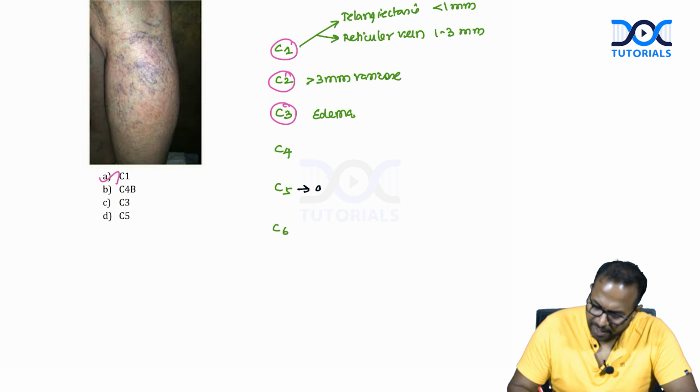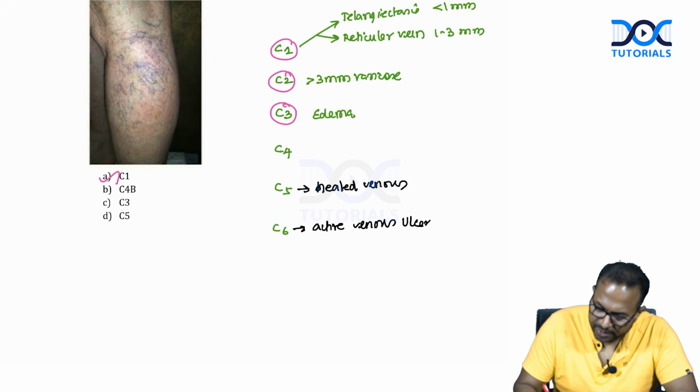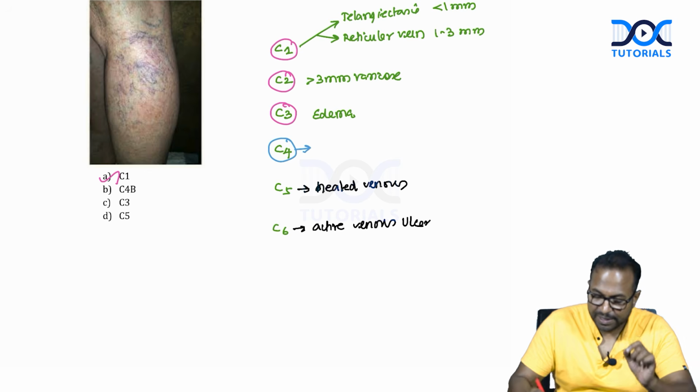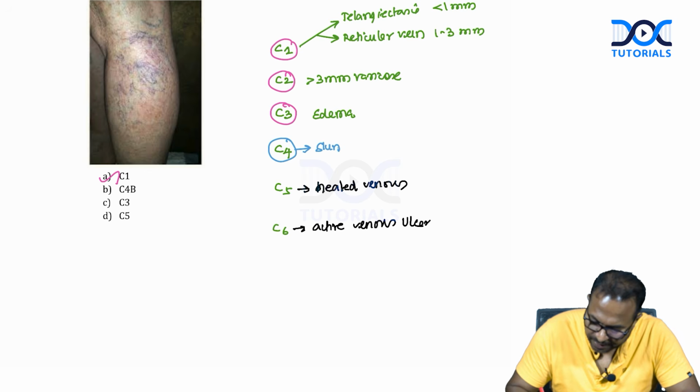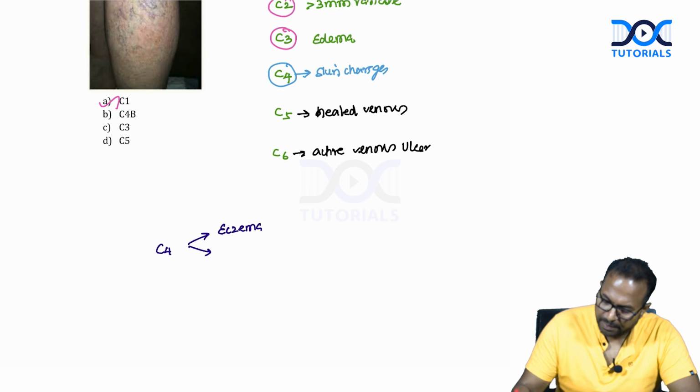C5 is a healed venous ulcer. C6 is an active venous ulcer. C4 is very important. Please remember, C4 is skin changes. So many skin changes are given every time in the exam. C4A is eczema.